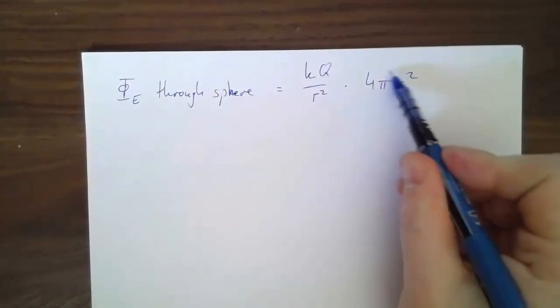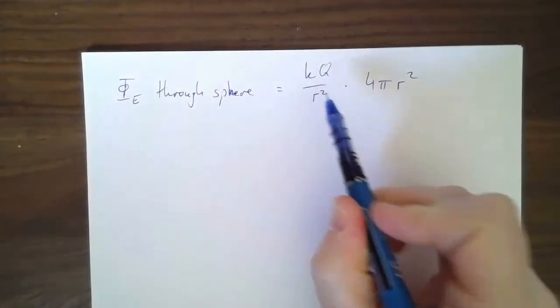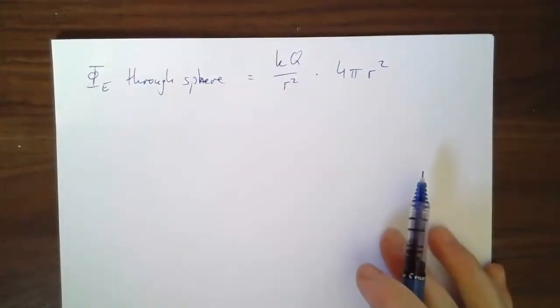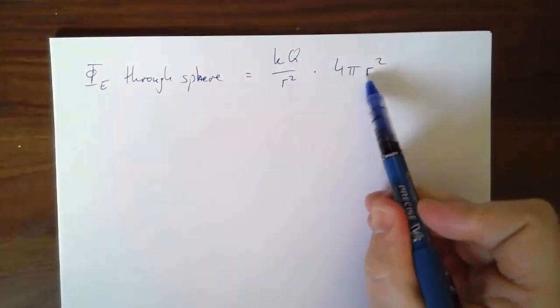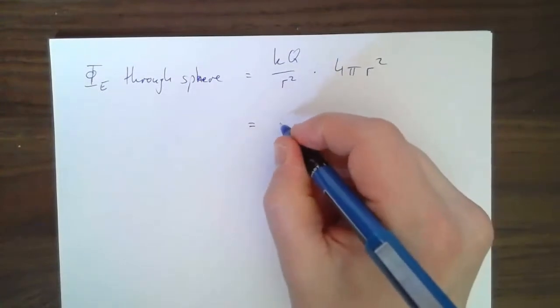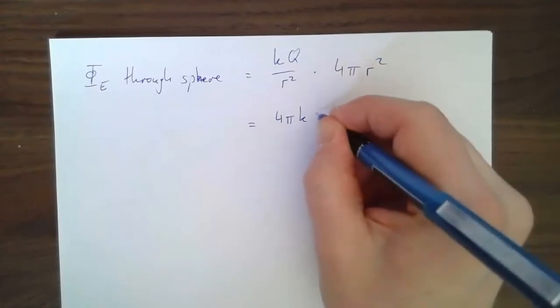This is our surface area of the sphere. This is the magnitude of the electric field. The cosine between them was 1 everywhere, so I don't have to worry about that. What you notice is that the r squared is going to cancel out, and I'm going to get 4 pi kq.